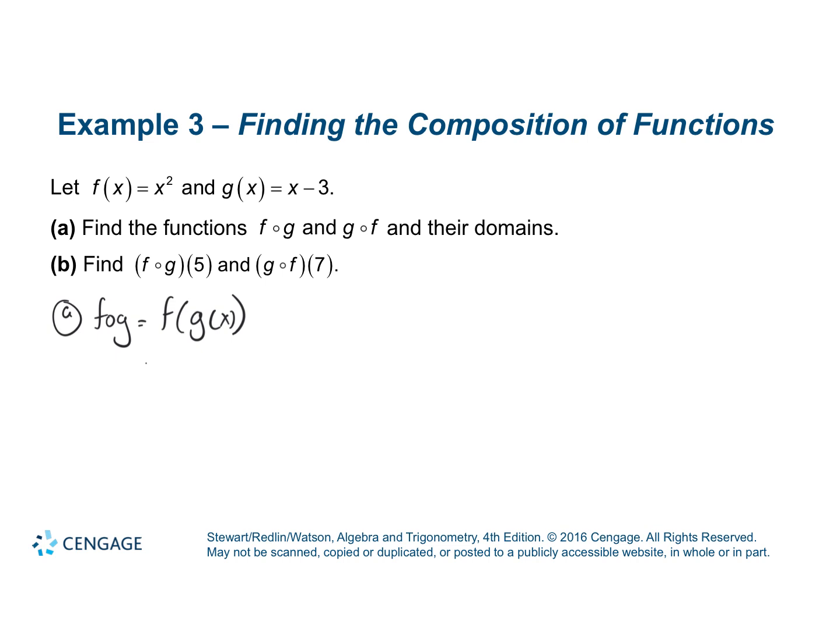My f is x squared, right? So instead of x, I'll plug in g of x, so it'll be x minus 3, and we're going to square it. So we're plugging the whole function into the x, and then doing whatever it's telling us to do.